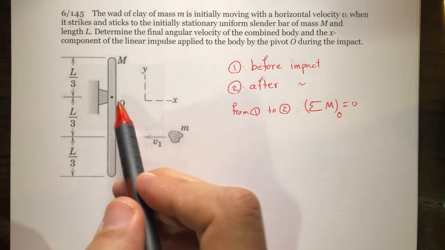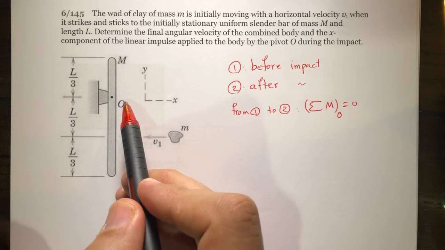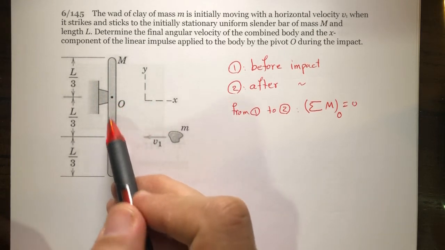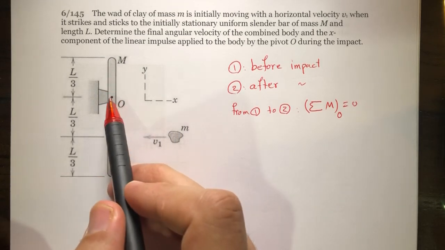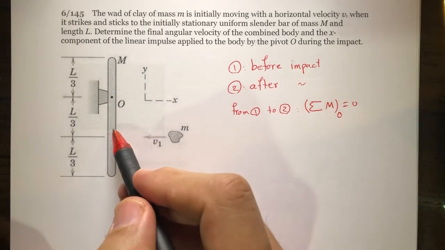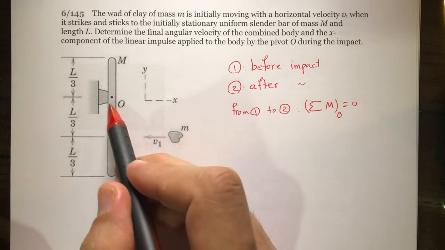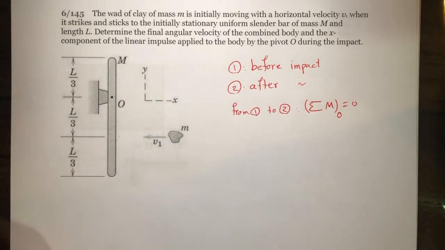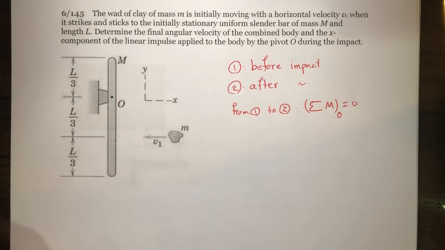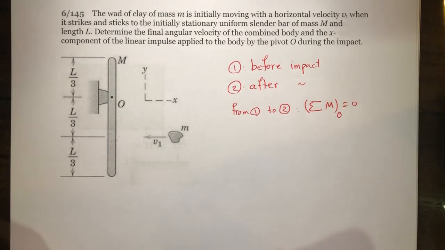Because the only external forces that we have are going to be these big reaction forces at point O. And even if you have gravitational force, it is going to be comparatively very small compared to those impact forces. Even if we say that gravitational force is not really small, the moment of it about point O is going to be equal to 0, because the gravitational force for both of them is going to pass through O during the impact. So we can say the sum of the moments about point O is going to be equal to 0.